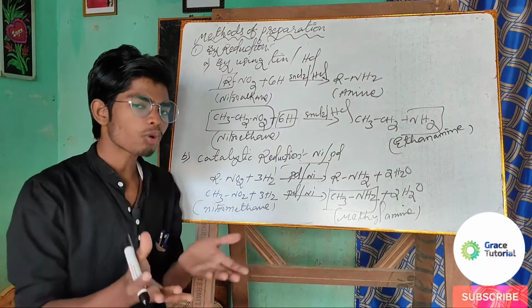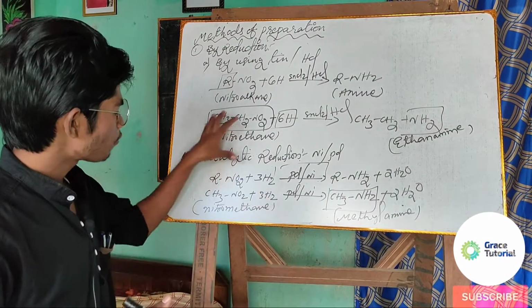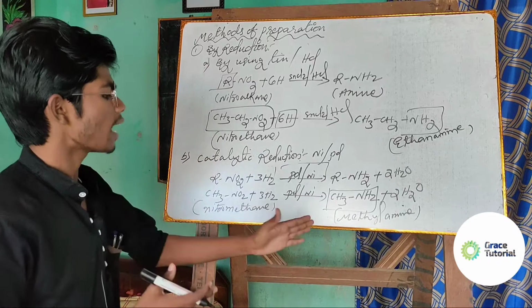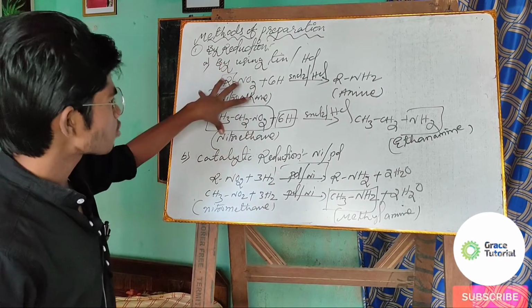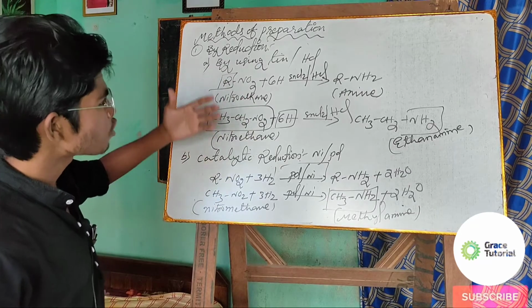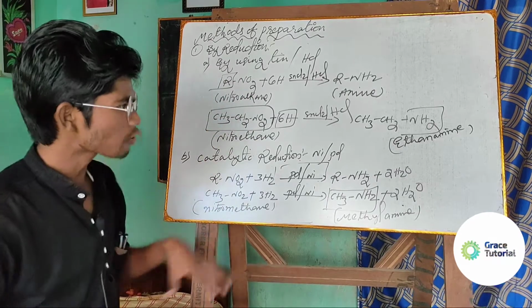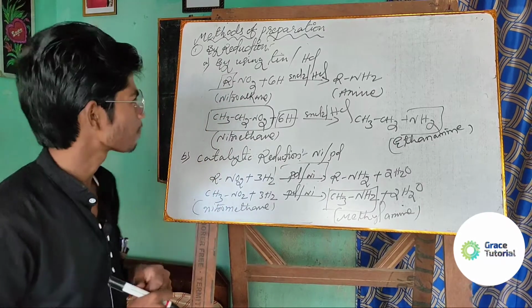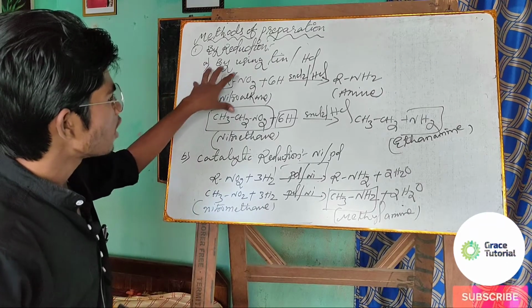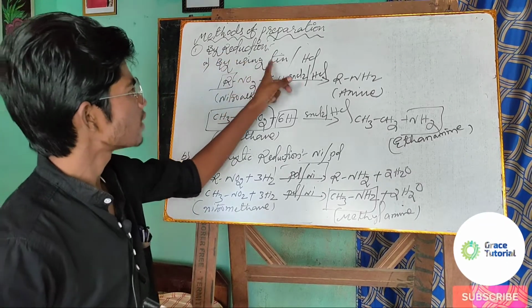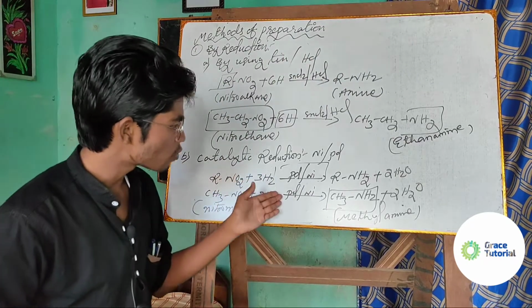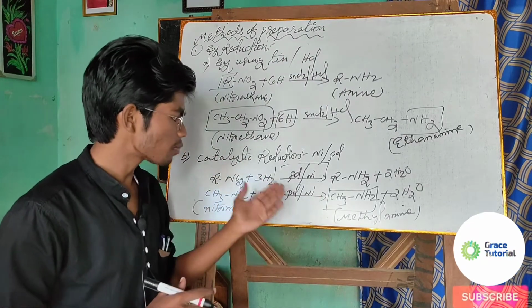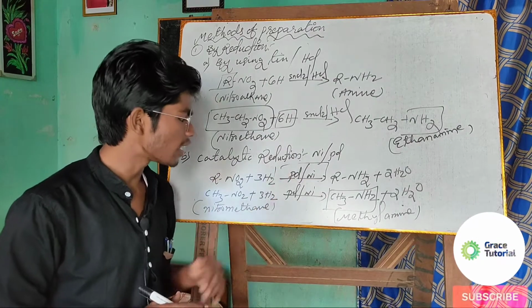So let me make clear the first two methods of the preparation of amines using the reduction method. These two reactions are reduction reactions. By the reduction methods, the amines are obtained. But the first reduction has taken place using tin or HCl. The second reduction has taken place by a catalyst, that means platinum, palladium or nickel.